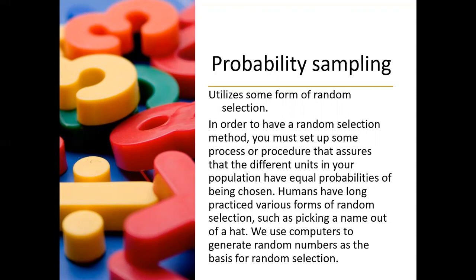We use computers to generate random numbers as the basis for random selection. In the past, we tried random sampling by picking names out of a hat, while nowadays there are computer programs capable of performing this random selection.